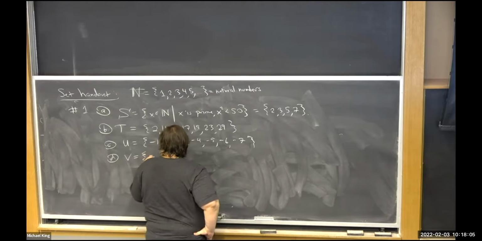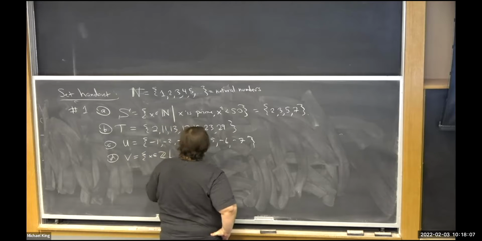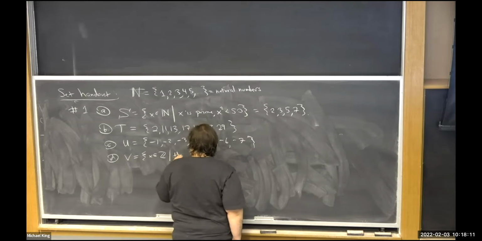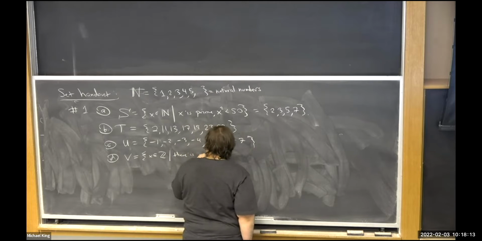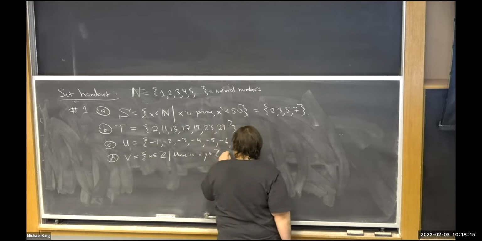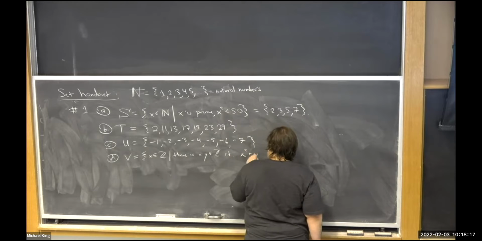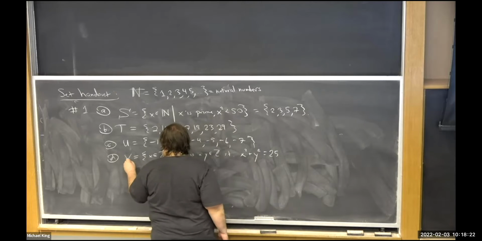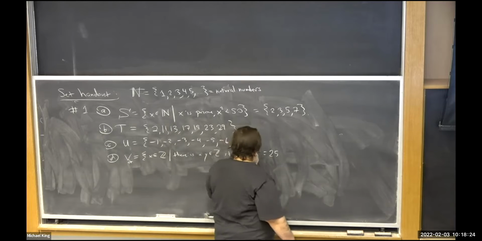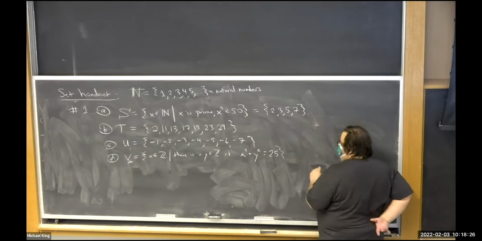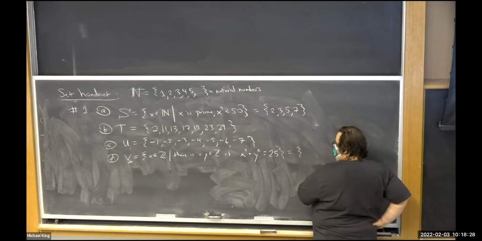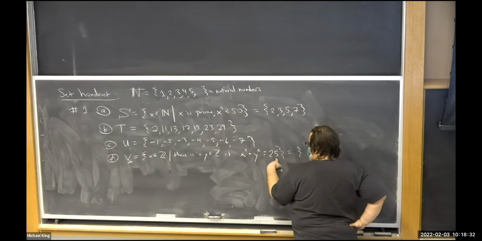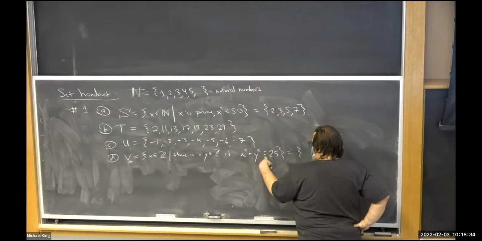If you were looking at the set here, you'll write it this way: there is a y in Z such that x squared plus y squared equals 25. Let's say V alternate B. If that was equal to 25, then I think you would have 3 squared plus 4 squared is 25, and 4 squared plus 3 squared is 25.